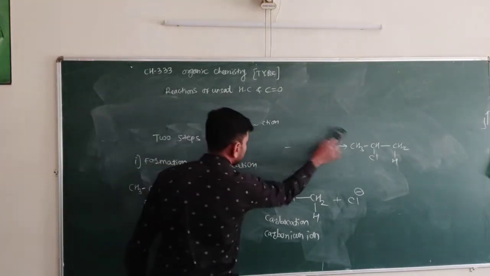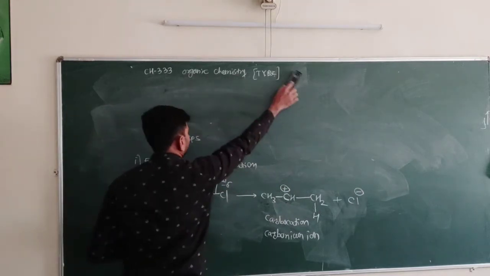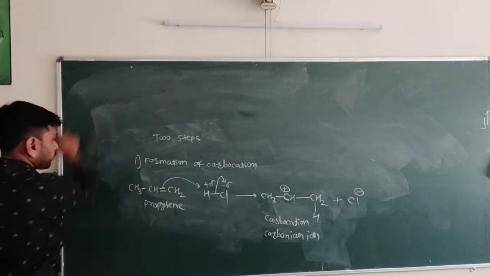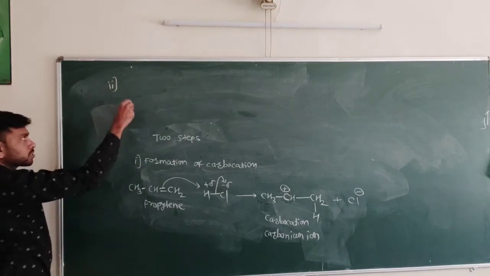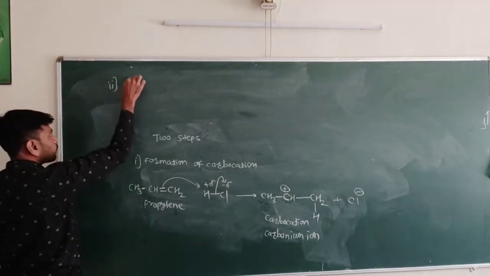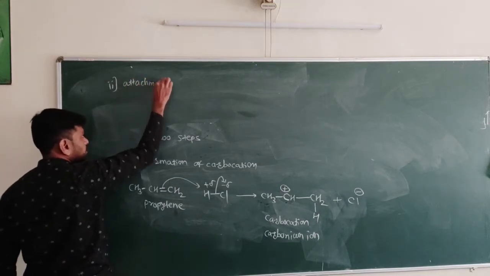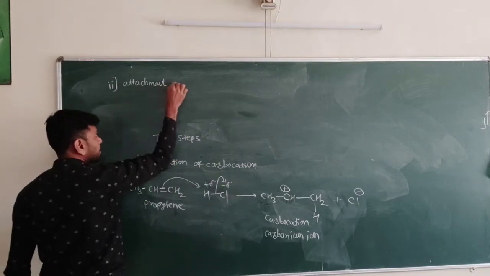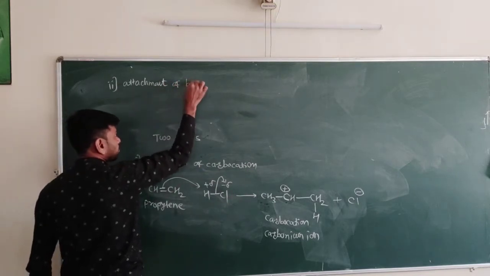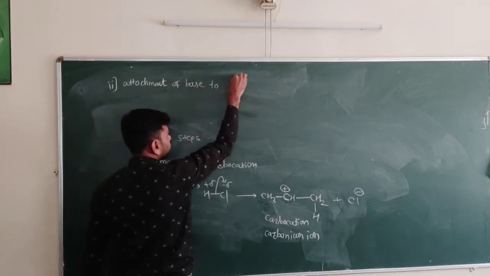The first step is the formation of carbocation. The second step of the mechanism is the attachment of the negatively charged base, in this case Cl minus, to the carbocation species.